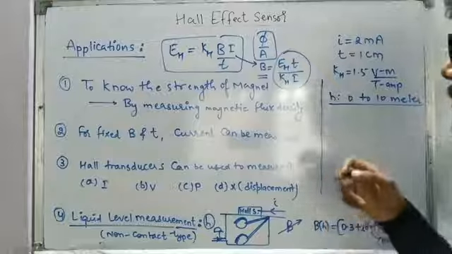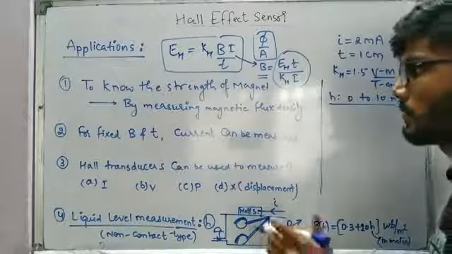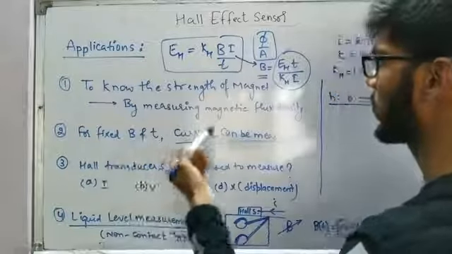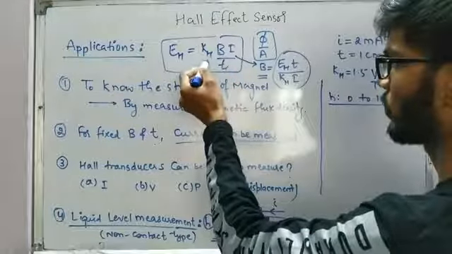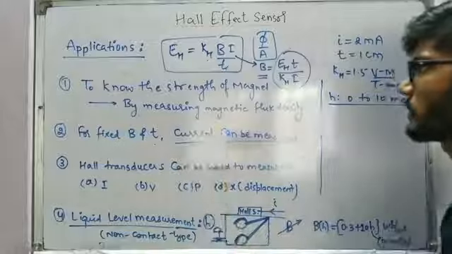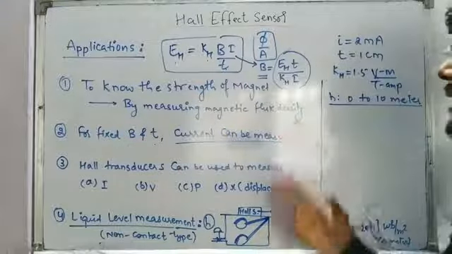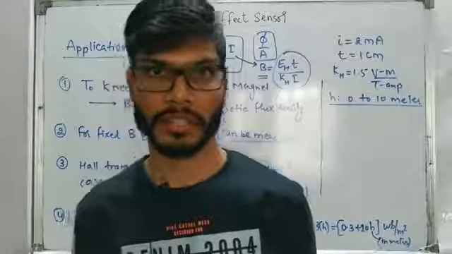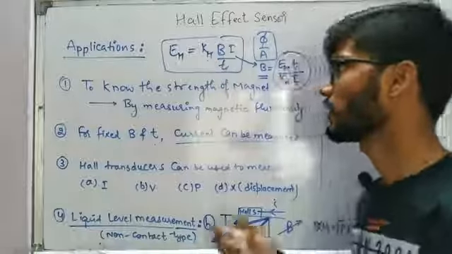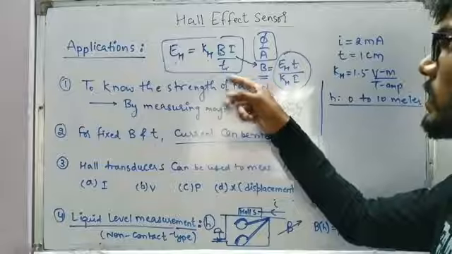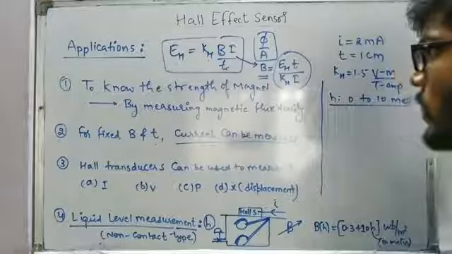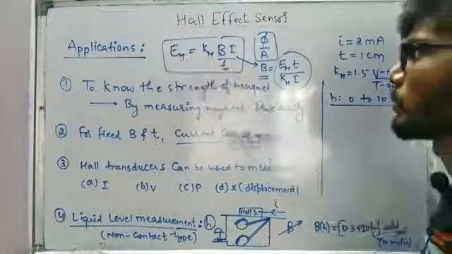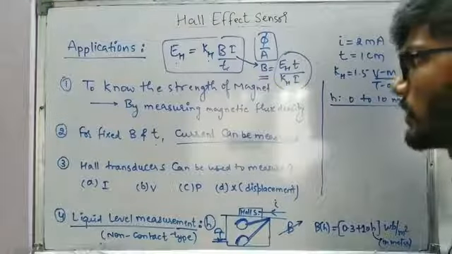And in the second one, if we wish to calculate the current, we can have the value of B and T, and the Hall coefficient, and the Hall voltage we can measure with the help of a voltmeter. So we can calculate the current also. So it is nothing but combinations of things, right? If we have KH, B, I and T, we can measure the Hall voltage, and if we have KH, I, T and the Hall output voltage, we can measure the magnetic field strength.